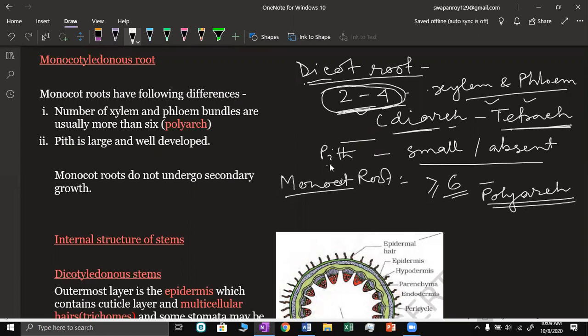And the pith is large and prominent. This way, the monocot and dicot roots differ from each other.